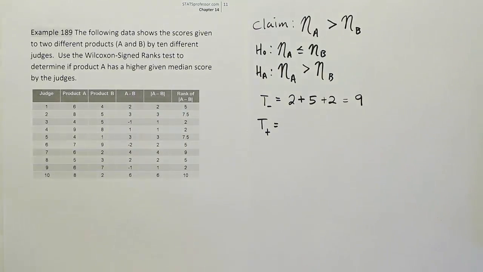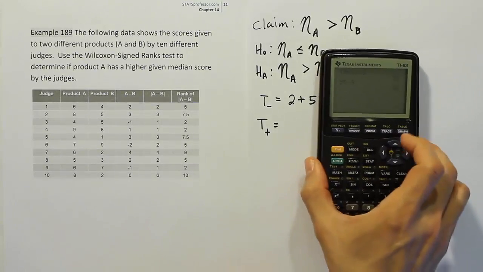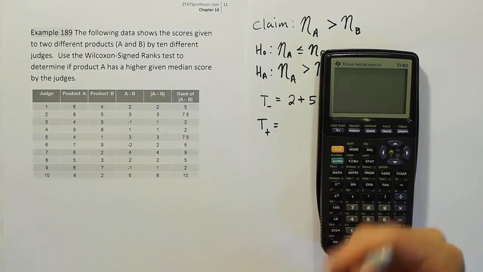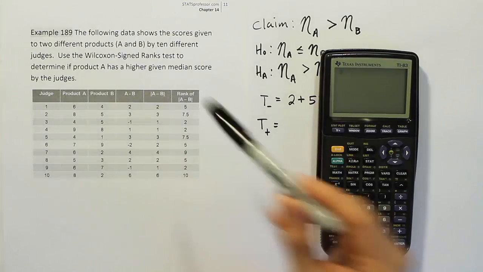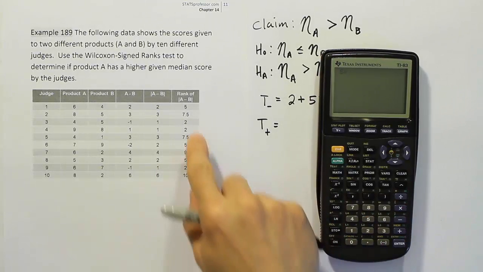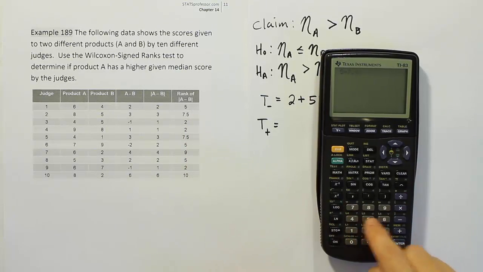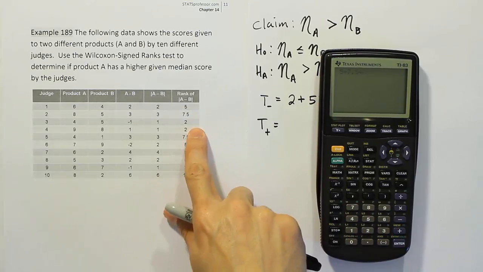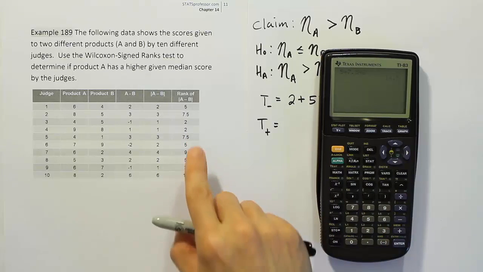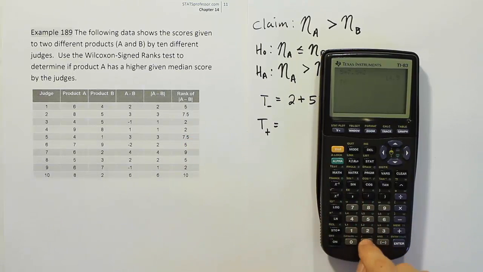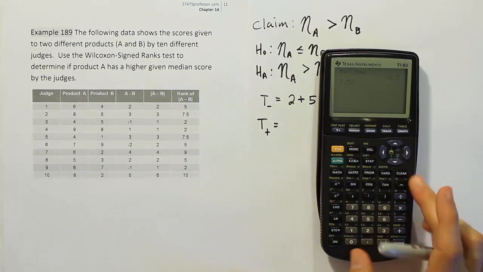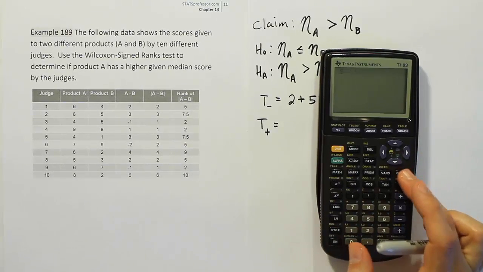Let's confirm that, though, by adding up all the numbers that were associated with positive values. So if we take this number, we'll have 5 plus 7.5 plus 2, right, plus 7.5. Oops, I made a mistake there. Sorry, when I was typing that in, something happened.